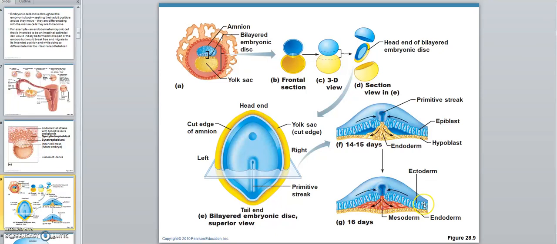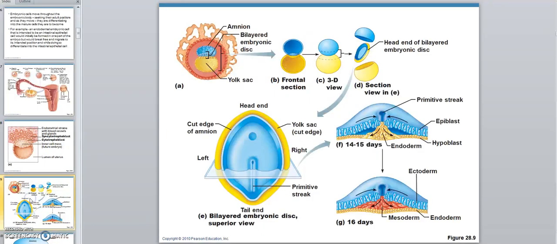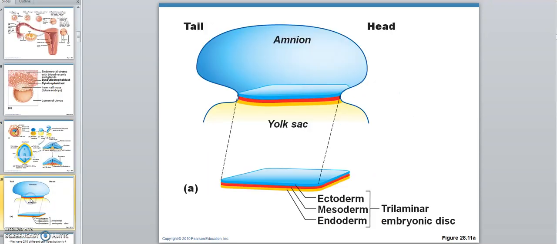So right here, on the outer edge of this area, we call it ectoderm. In the middle, mesoderm, and on the inner area, endoderm. So the first thing is to get the cells to migrate into these three germ layers. So then it becomes a trilaminar.